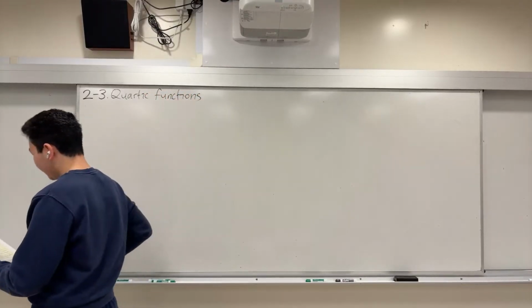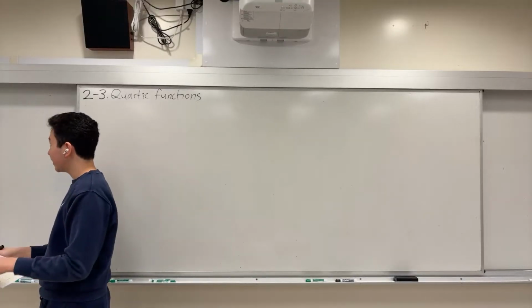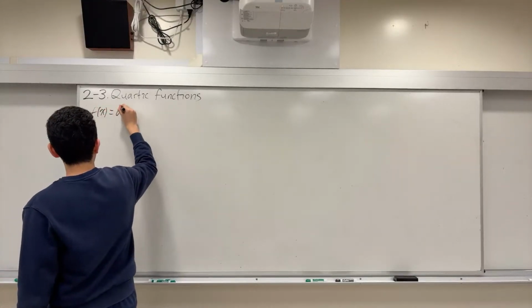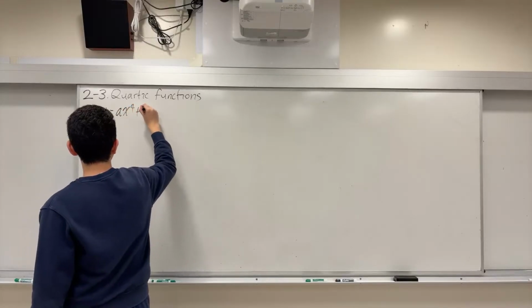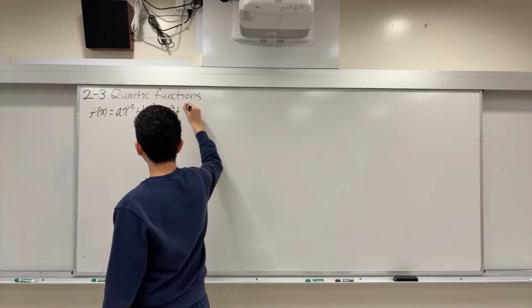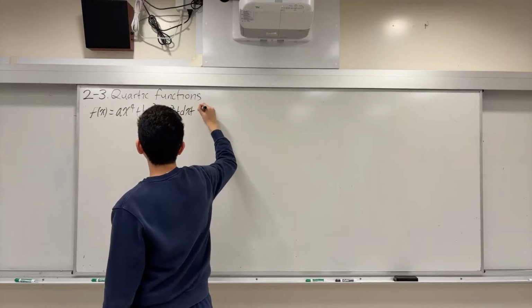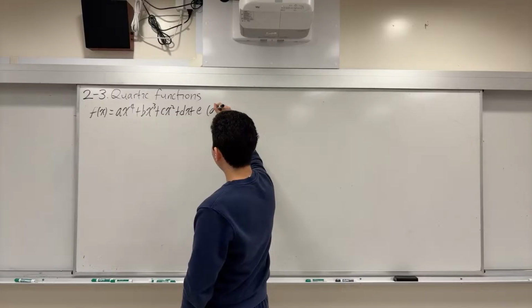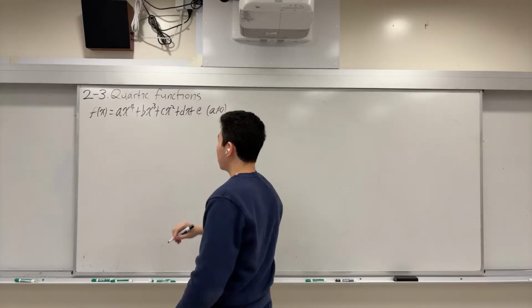Okay, so the quartic function is written out like that. f of x equals ax to the power of 4 plus bx cubed plus cx squared plus dx plus e, where a is not equal to 0, or else it would become a cubic, right?